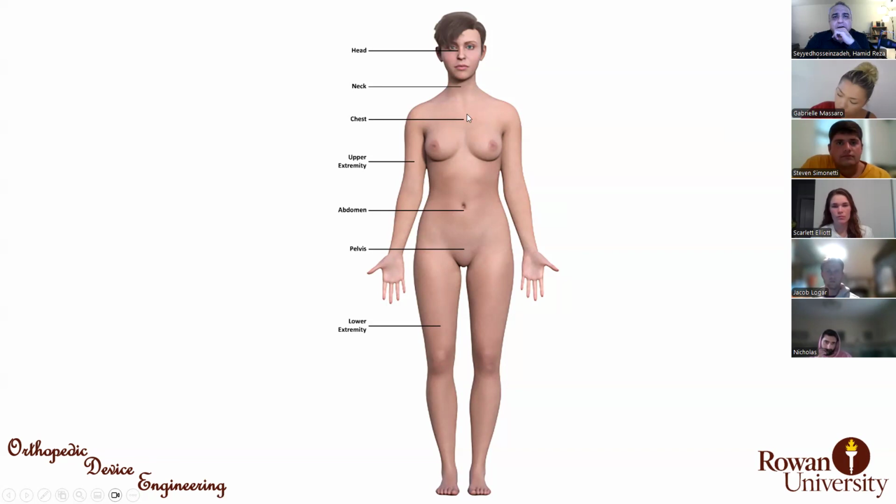Head and neck are clear. You know the definition of head and neck. Chest is the part that is covered by the rib in the back and in the front. Abdomen is the part below the rib, and the pelvis is the part that is deep inside the pelvic bone.